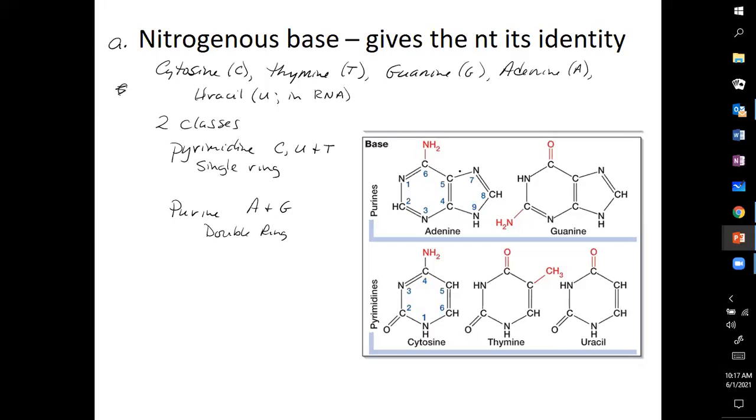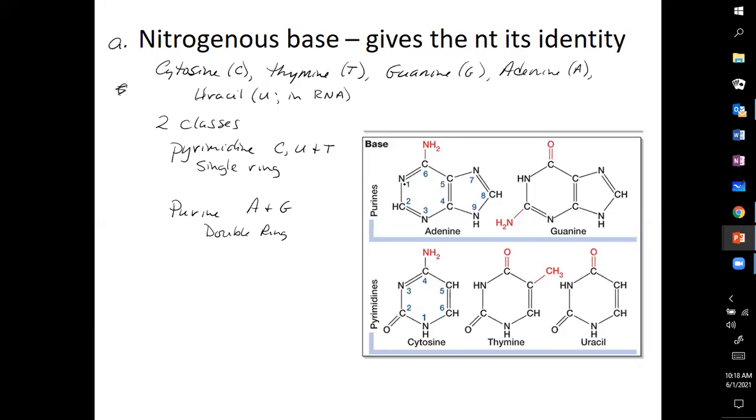Now, at this point, for exam 2, you're not necessarily going to need to know the different functional group composition, but I'm going to want you to be able to discriminate between a purine and a pyrimidine. You don't need to know the difference between adenine and guanine at this point, or between cytosine, thymine, and uracil. But as we get towards the end of the semester, you'll be able to tell these guys apart too.